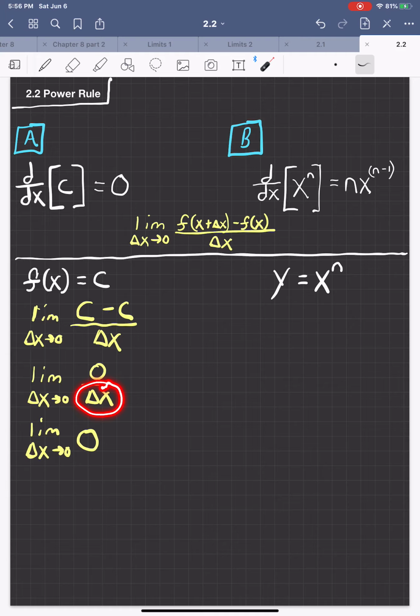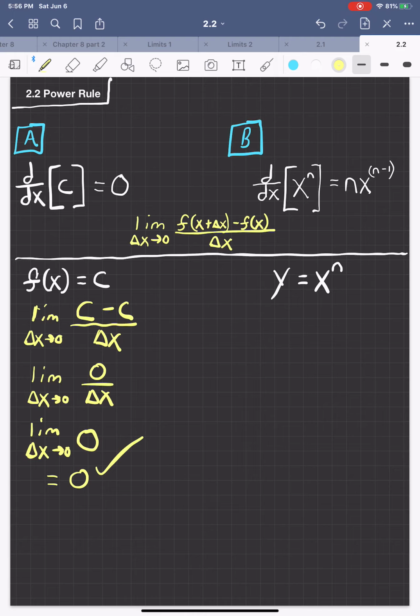But it does have a distance greater than 0. That's the only way this works. But we know from chapter 1 that the limit of a constant is just the constant. So the limit as delta x approaches 0 of 0 is just equal to 0. So anytime you take the derivative of any constant, you are safe to just write 0.